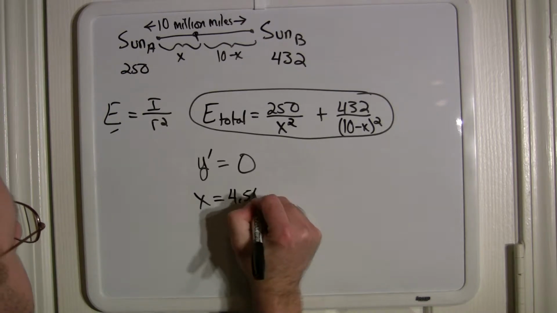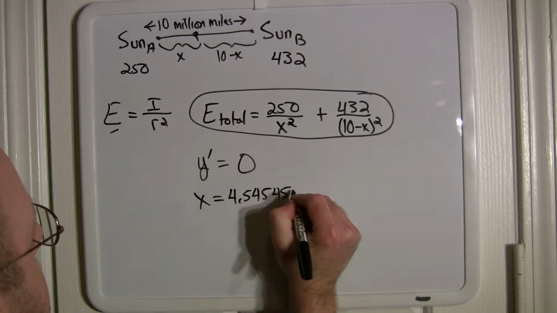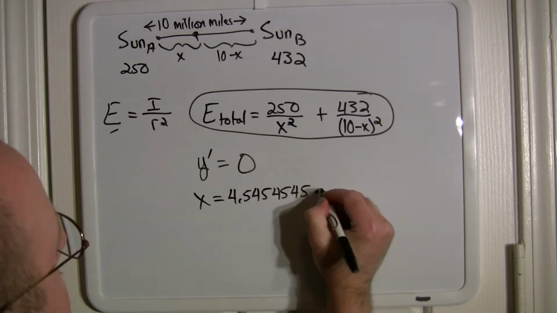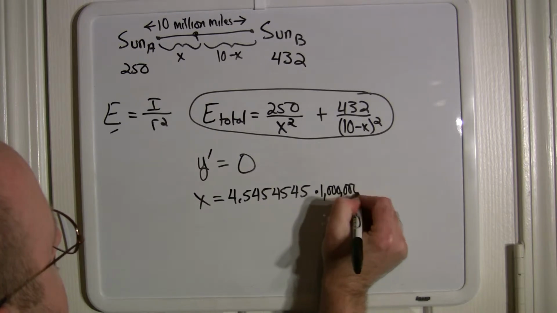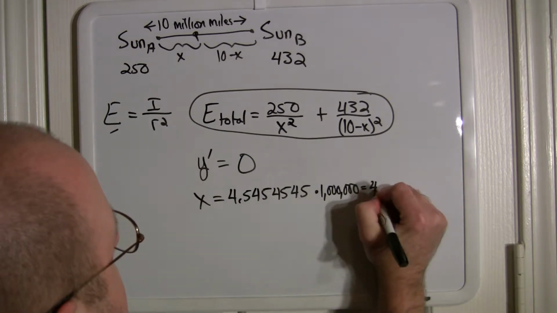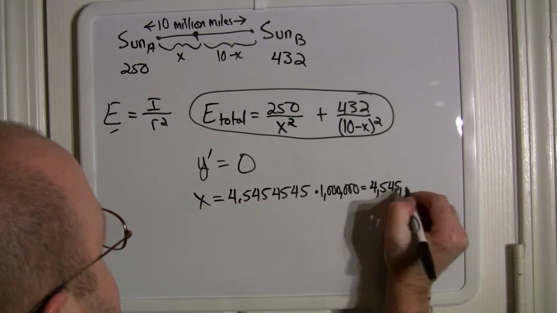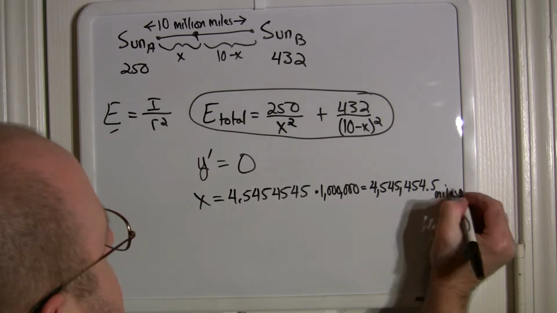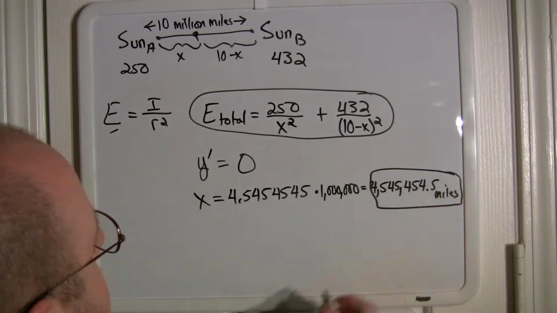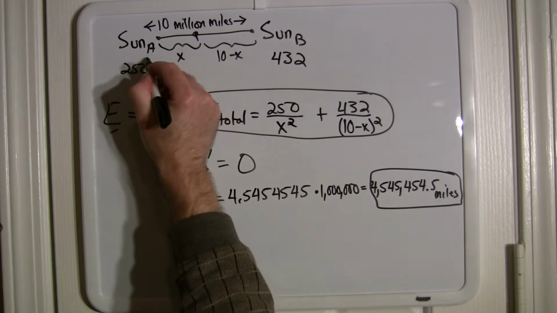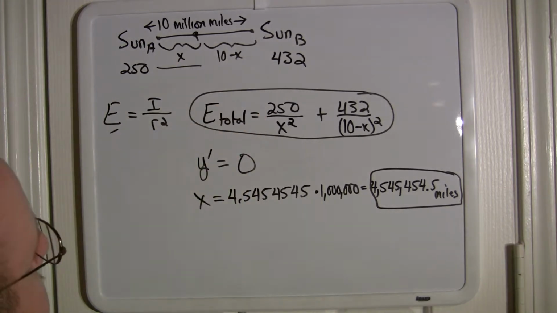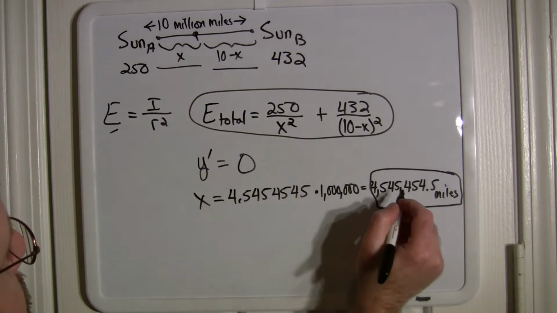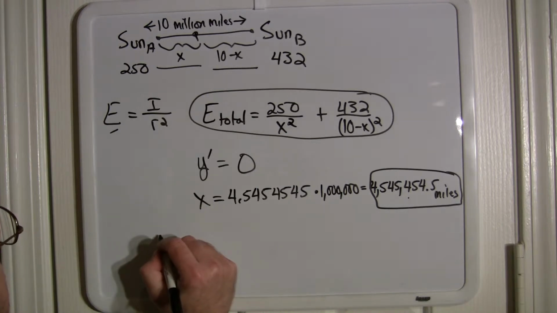So let's write that down. And like I said, we need to multiply this by 1 million to get the actual distance. So that will be 4,545,454.5 miles. That is the distance between Sun A and the planet. In order to get the distance from Sun B to the planet, we will simply subtract this from 10 million.